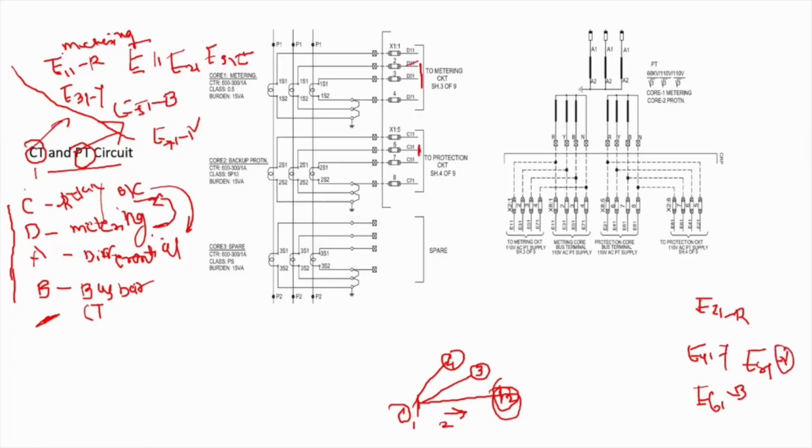So within the PT, there are very important ferrules. We have to remember that no matter which PT it is, its ferrule will start with E. Whatever it is, if it starts with E, you'll know it's PT. Right here in the drawing, you'll see that all the PTs are defined with E.